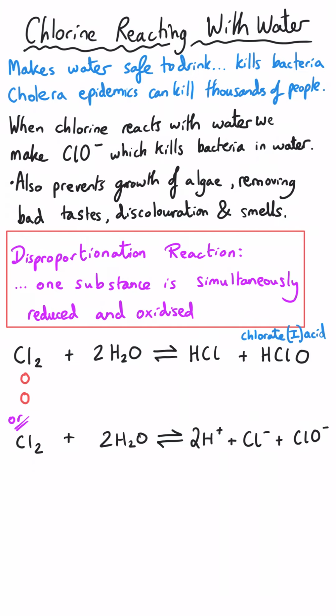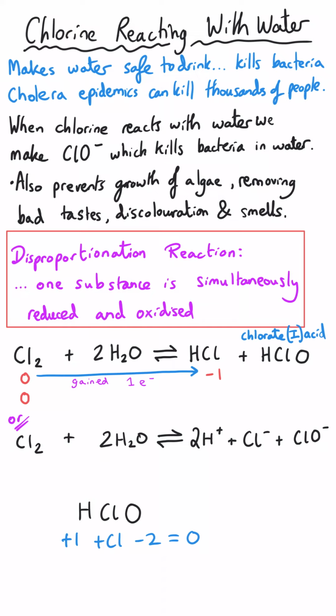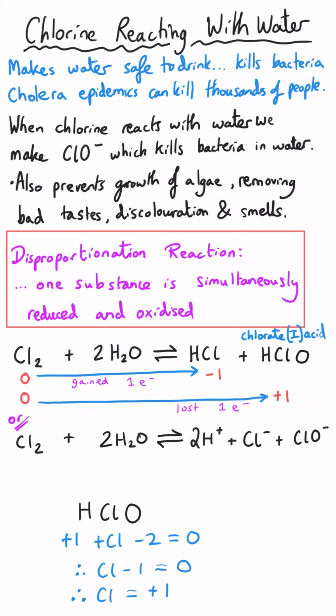In HCl, the chloride's oxidation state is -1, and in the HClO, hydrogen is +1, oxygen is -2, so that means that the chlorine must be +1 because overall the oxidation state of this is 0. And it's this chloric(I) acid, or more specifically the chlorate(I) ion, that is able to kill the bacteria and therefore prevent us from getting ill.